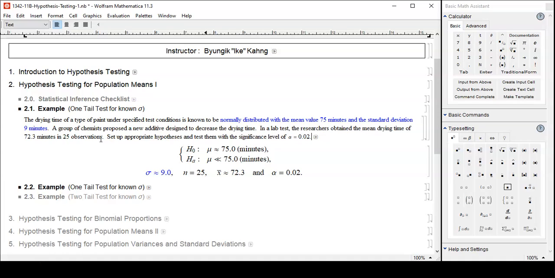Now how about the sample part? It's coming from here. The mean drying time of 72.3 minutes in 25 observations. And if this is cut and pasted to this red sentence here, then with the same phrase, you have to say this is a sample standard deviation. Let me copy and paste that here.